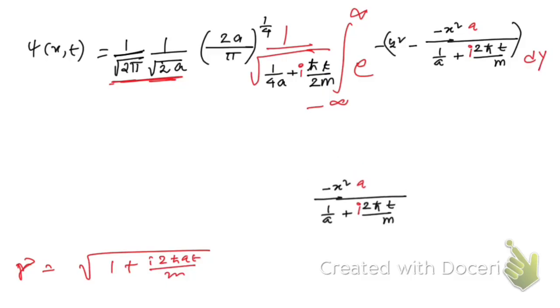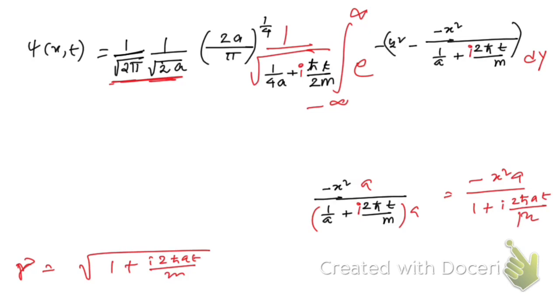So this was the term. If we multiply a with the numerator and denominator both, then we're gonna have minus x square a, a by a cancel, 1 plus i 2h cut a t by m. That's what we have got, right?